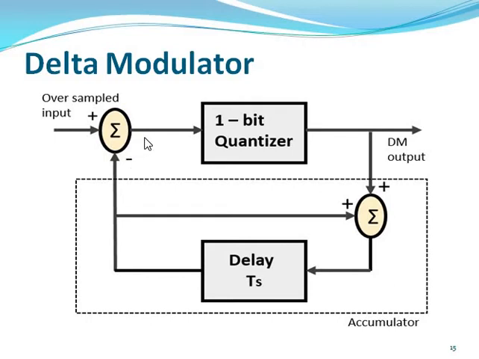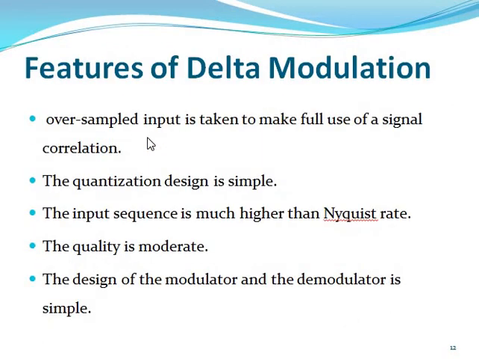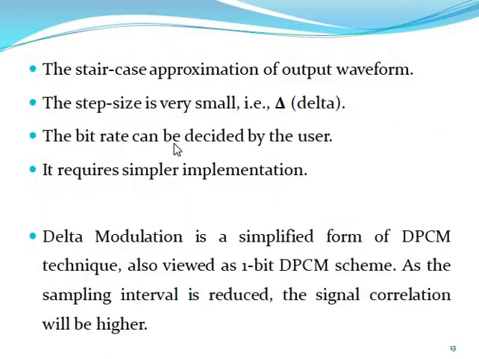You can write what delta modulation is and explain it in detail, but you can write only the delta modulation, its features, and what the advantages of delta modulation are.